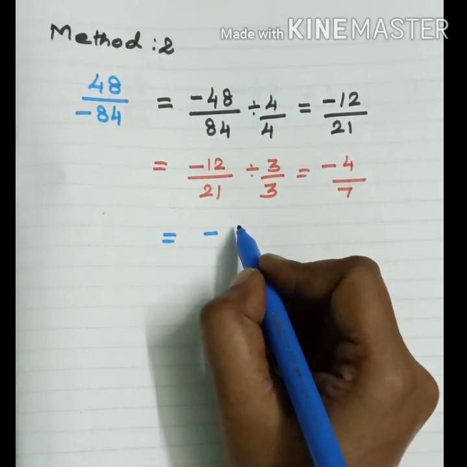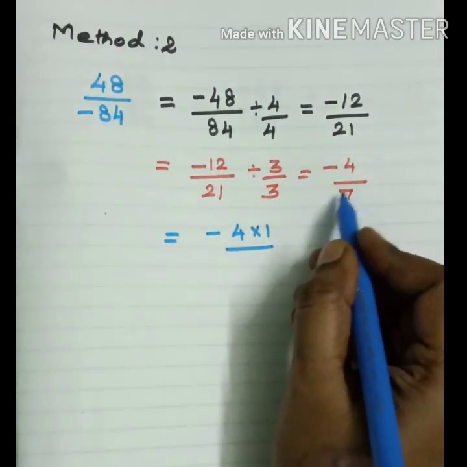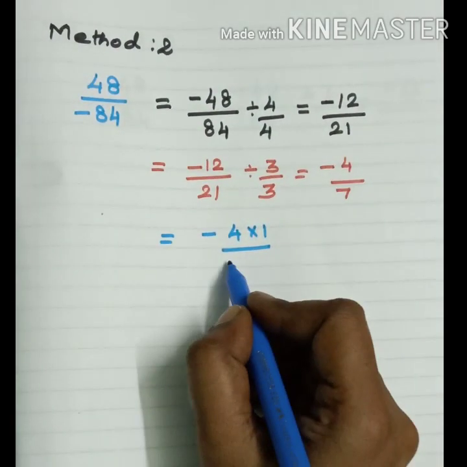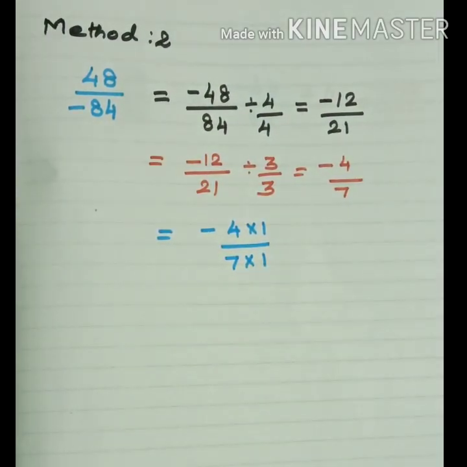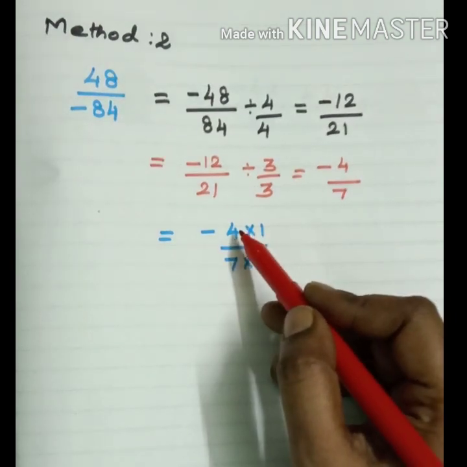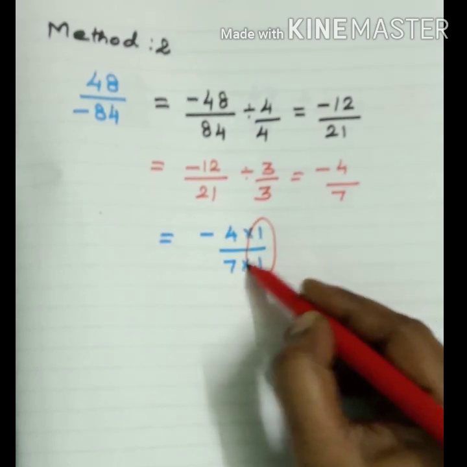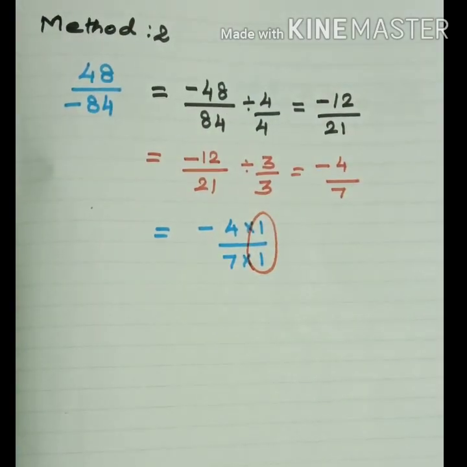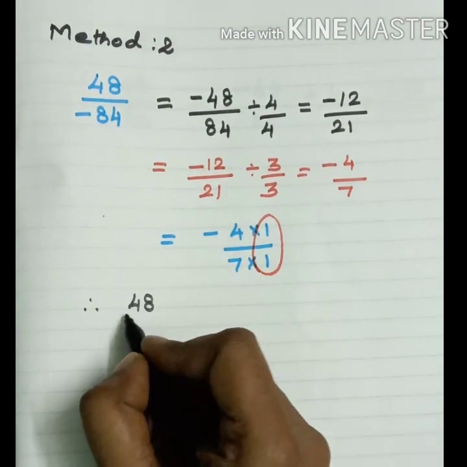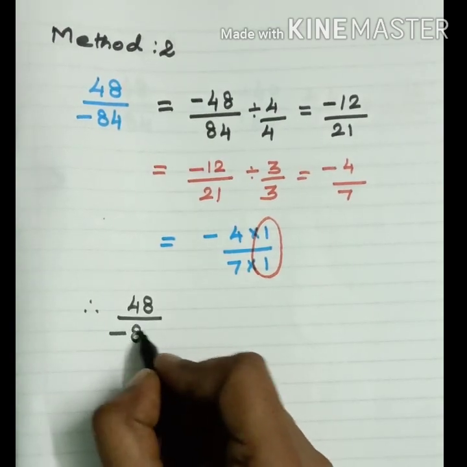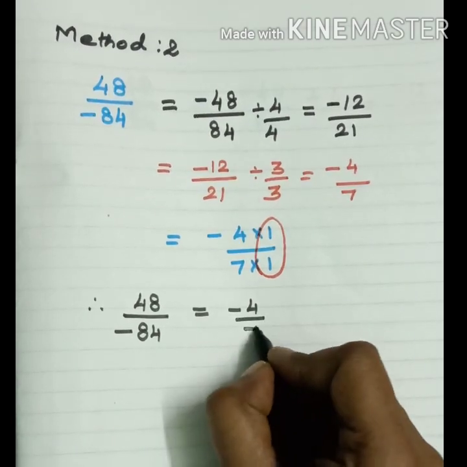This minus 4 can be written as minus 4 into 1. 7 is a prime number. 7 can be written as 7 ones are 7. So, the common factor between the numerator and the denominator is 1. So, the standard form of 48 by minus 84 is minus 4 by 7.